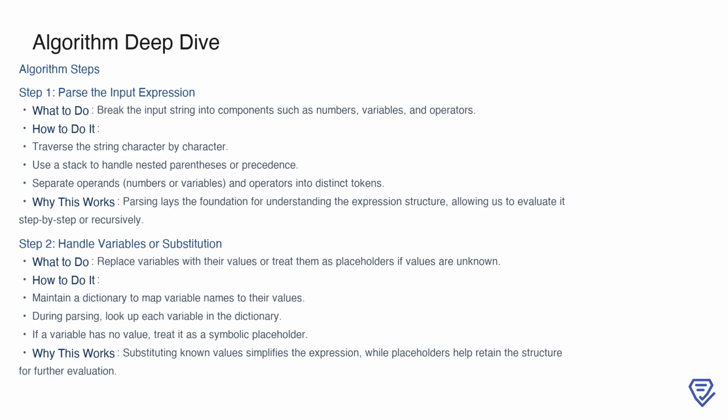A stack is particularly useful for managing nested parentheses or maintaining operator precedence, as it allows us to handle the hierarchical structure of the expression. By separating operands and operators into distinct tokens, we create a clear representation of the expression. Parsing is crucial because it establishes the structure of the input, which is essential for evaluating it in a logical, step-by-step manner.